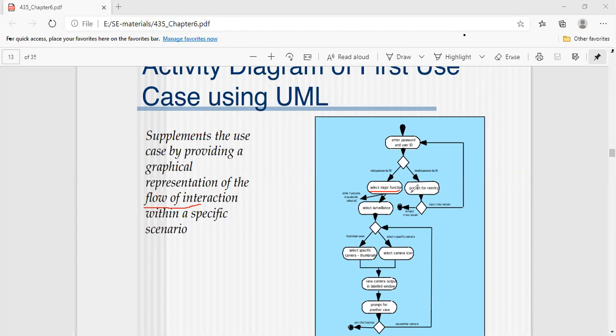If the house owner entered correct credentials, then select major functions. If he has not entered correct credentials, then again we ask him to enter the exact details.